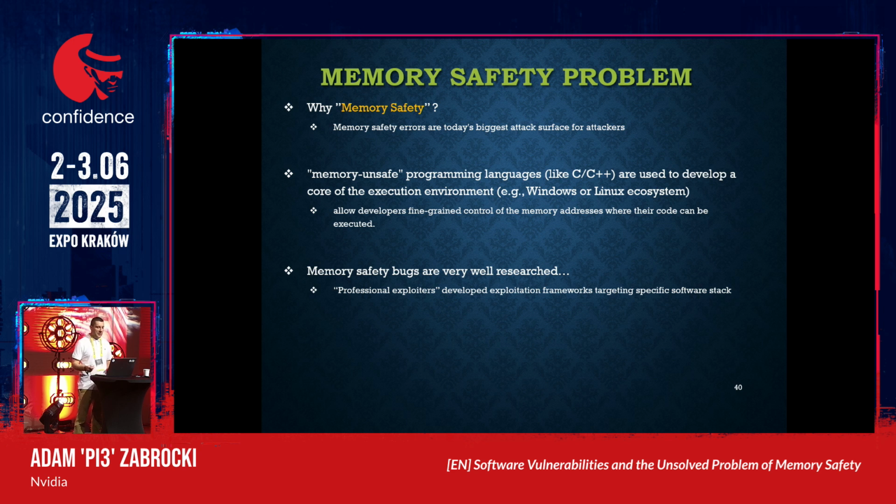And memory safety bugs are very well researched. There are actually professional exploiters who develop exploitation frameworks targeting a specific software stack. While I was working at Microsoft, I analyzed one of the pwn-to-own exploits. It was a huge binary, and during reverse engineering, I realized there were multiple functionalities that allow bypassing mitigations in the Windows kernel.